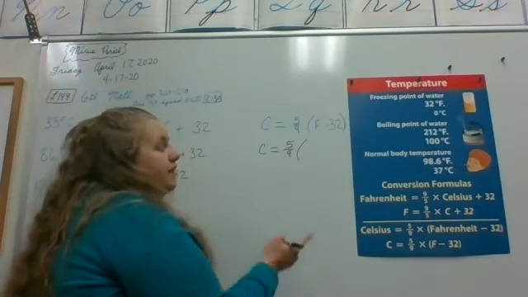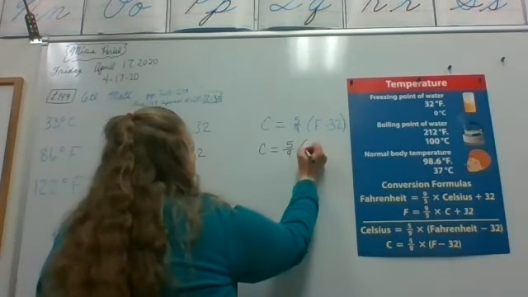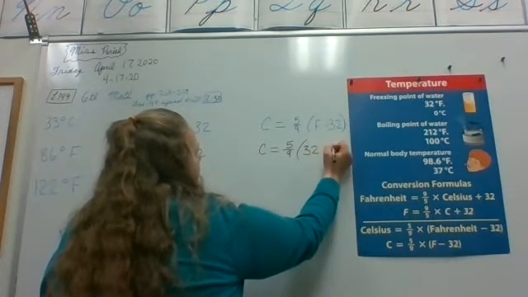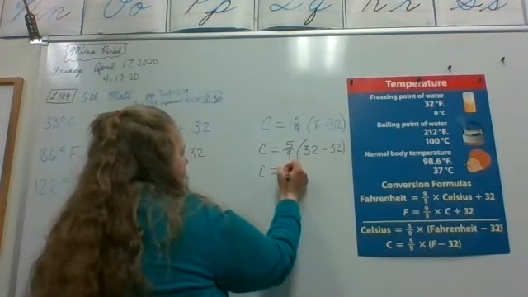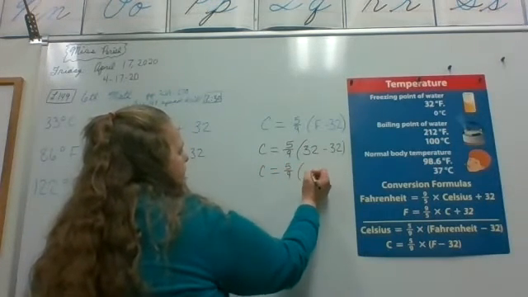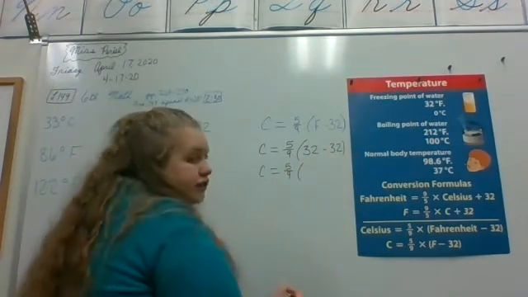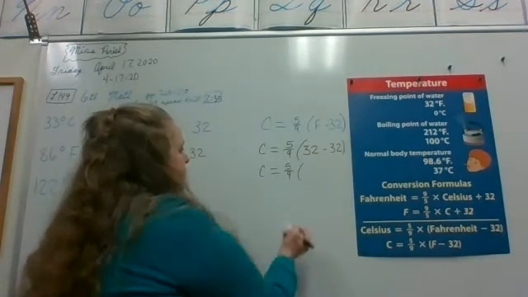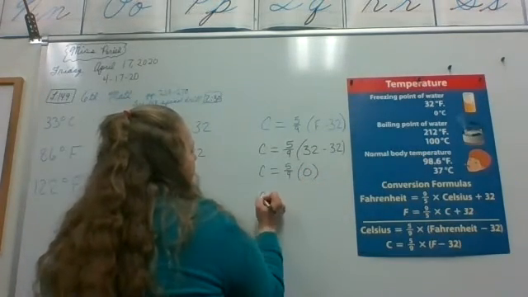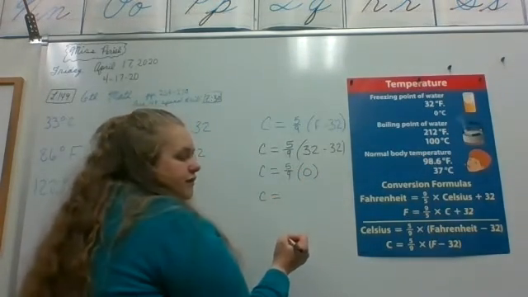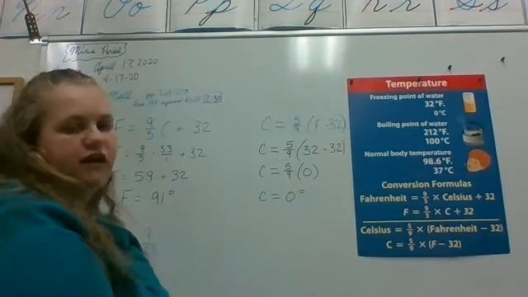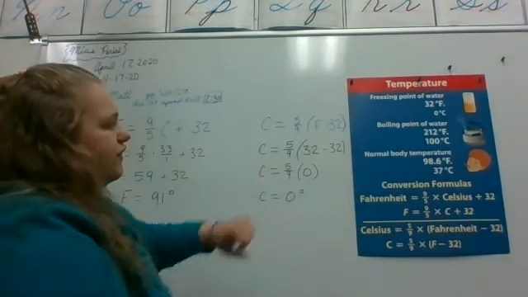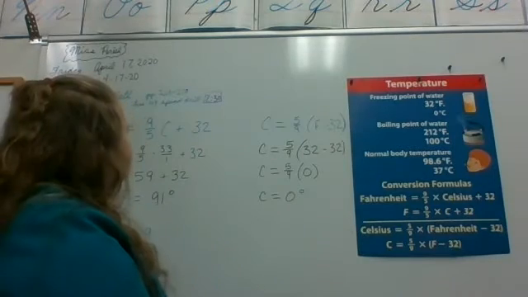If we were to plug in the freezing point of Fahrenheit, 32 degrees, we subtract 32 degrees equals 5/9. And 32 minus 32 is what? 0. And anything times 0 is what? 0. There you get your 0 degrees Celsius for 32 degrees Fahrenheit. You see how that works?